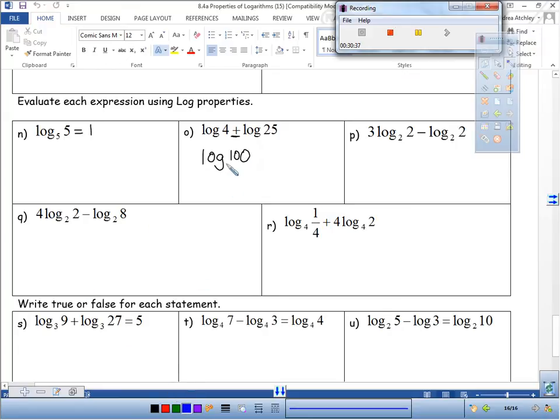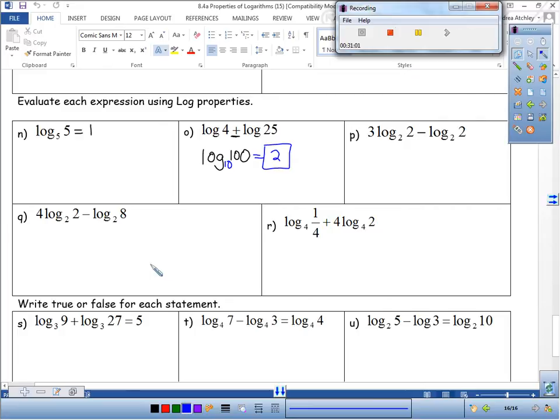Now remember that when the base isn't there, it's base 10. So to evaluate this, we ask 10 to the what power will give me 100. 2. So my answer would be 2, because 10 squared gives me 100.